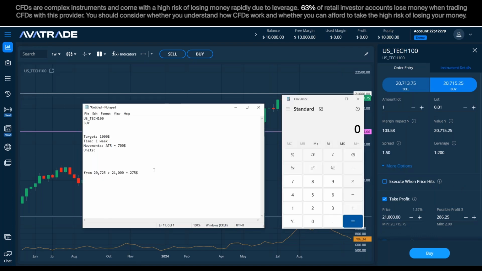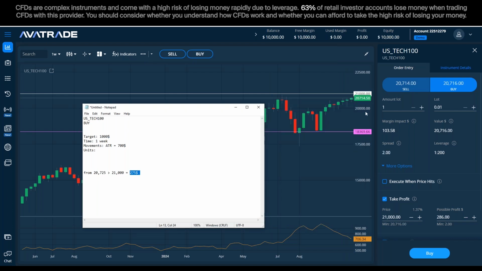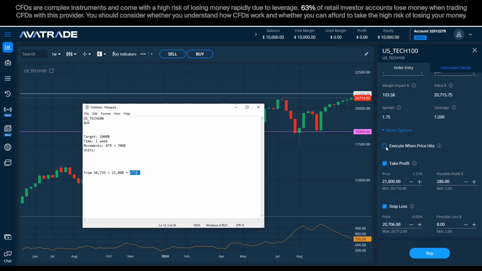Okay, and what we can quickly do, let's also reshape the take profit to something a little more round. And we are using the execute when price here to bind the price to a specific entry.